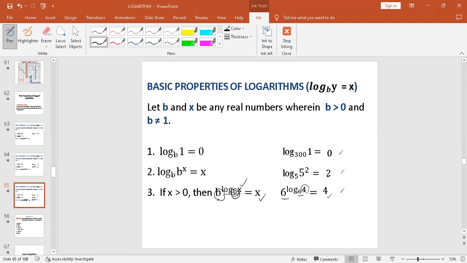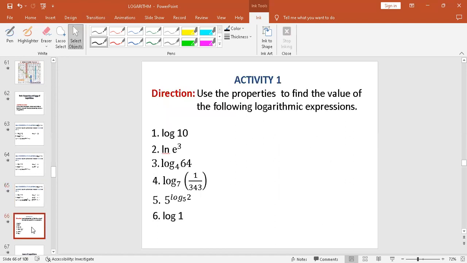So, take note, do not be confused with the variables. Okay, again, just focus on the position of each variable. I'm sorry, just focus on the positions of the values. Okay, so now, let's try this activity.